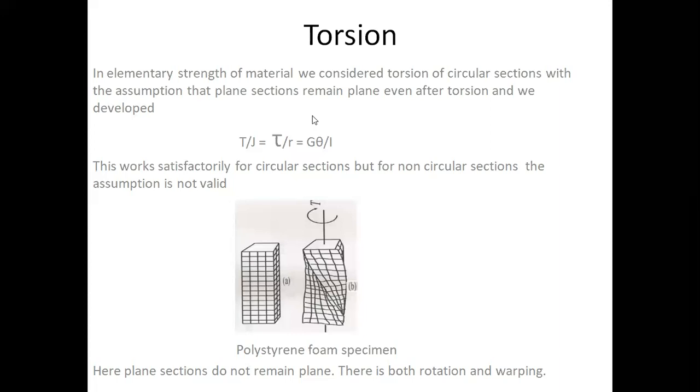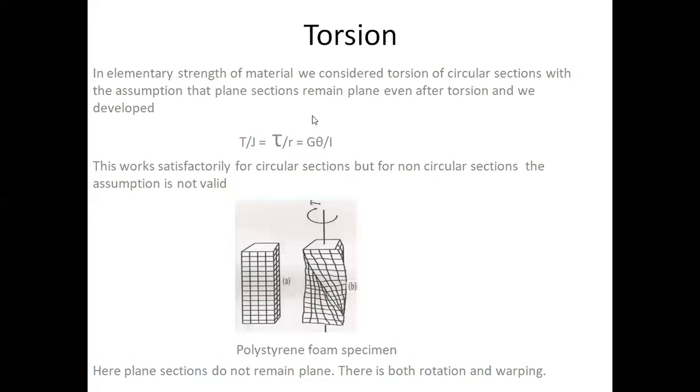In a circular cross section, we assume that the plane section remains plane even after torsion. But if you look at this picture, which is an experimental picture with a polystyrene foam specimen, if you apply torque, there is a twist in the material, but the plane sections do not remain plane. There is warping in the sections.